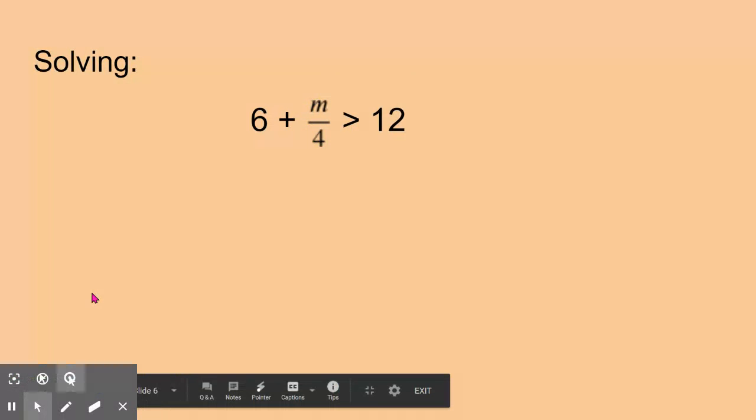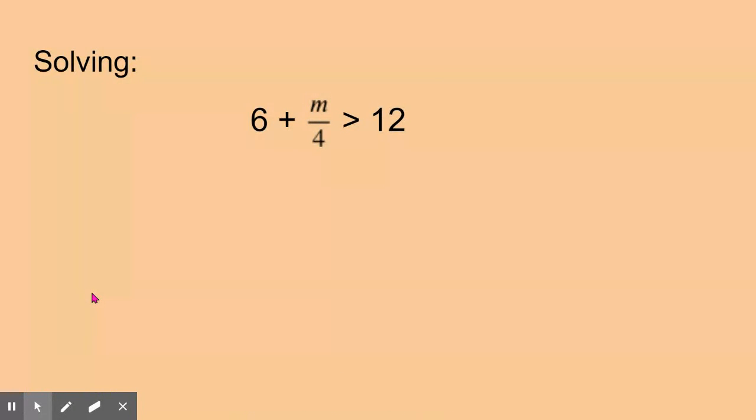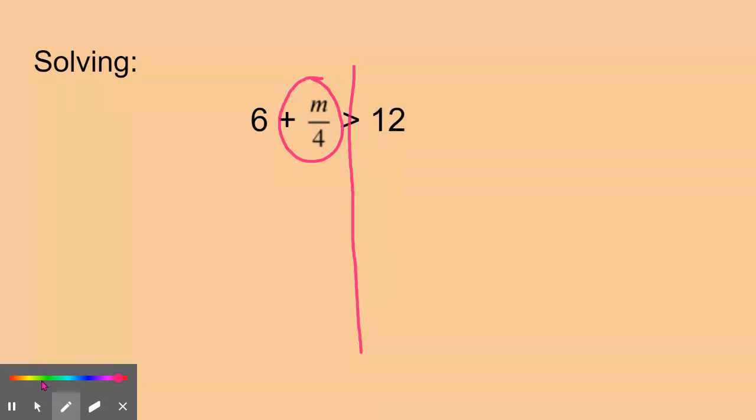Solving inequalities is going to be the same process as that equation. I'm going to start off by drawing my line, and then circle your variable and what's attached. In this situation, I'm going to circle the m over 4. Now look at what is not circled.